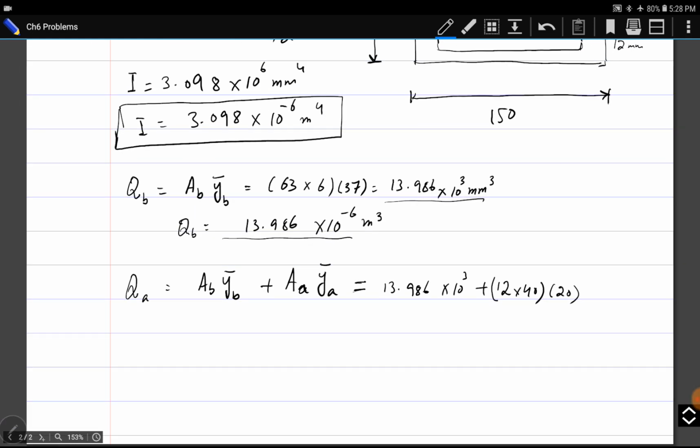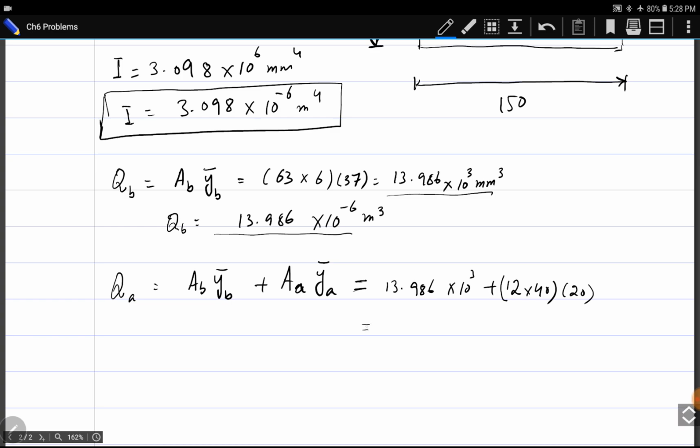So after simplification, QA becomes, if we do the calculations, 20.586 into 10 to the power 3 millimeter cubes, and if we want to convert it into meter cube, it will be 20.586 into 10 to the power minus 6 meter cube.